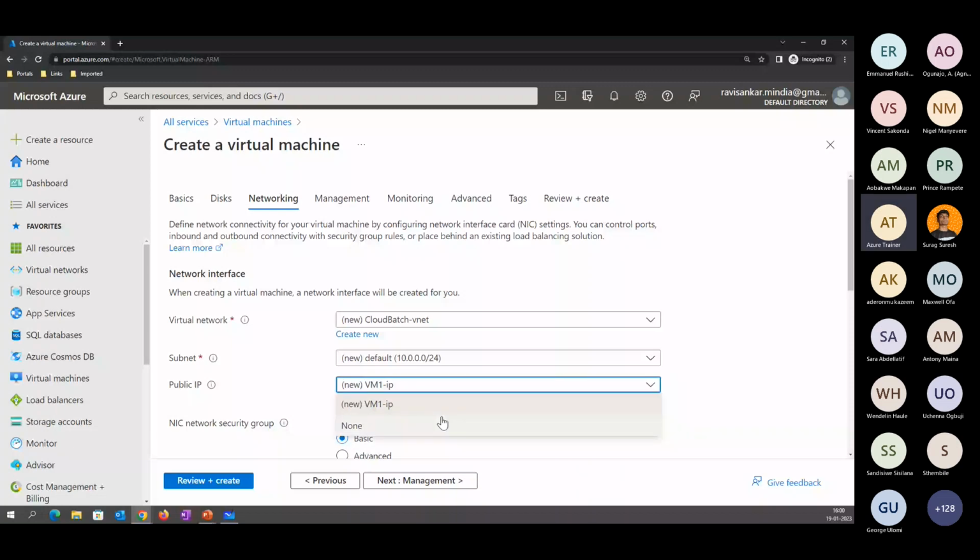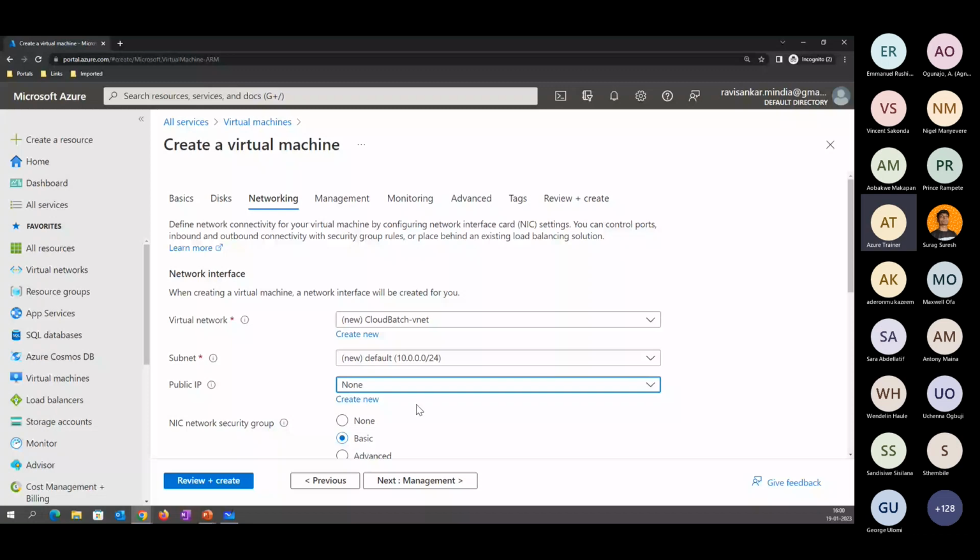There are three ways you can create it here. The moment you select the option none, what will happen? Microsoft will create a VM without a public IP address. You are telling Microsoft, hey, I don't need any public IP address here.